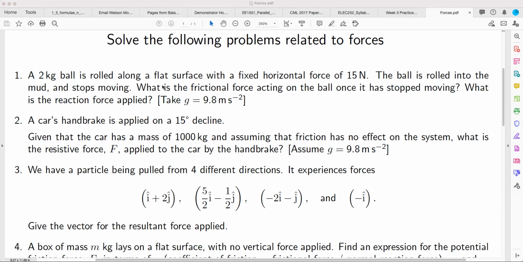So if it's a 15-degree decline, then we assume that the handbrake is at 90, or just to picturize it, okay, 1 second.